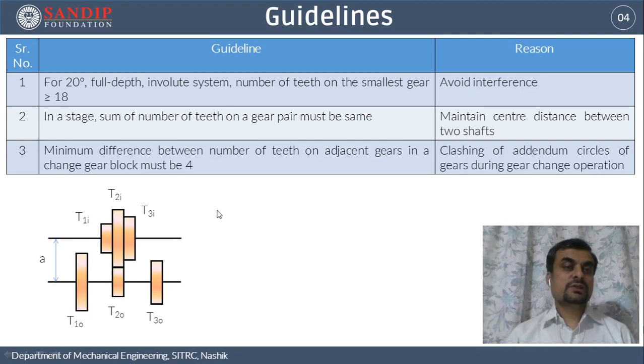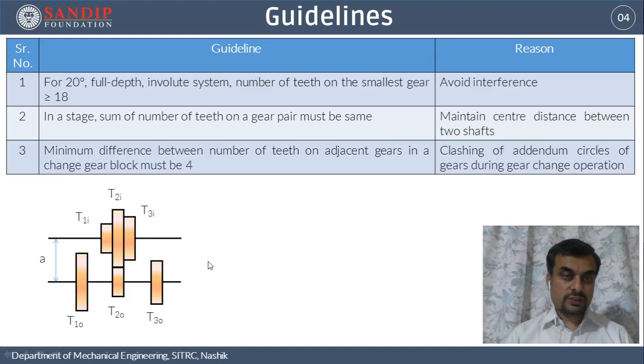For this purpose, let us consider one stage which comprises three gear pairs, which means there are three input gears having number of teeth T1i, T2i and T3i on them, and correspondingly we have three output gears having number of teeth T1o, T2o and T3o. The center distance between the shafts is A.